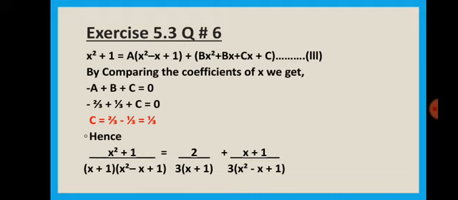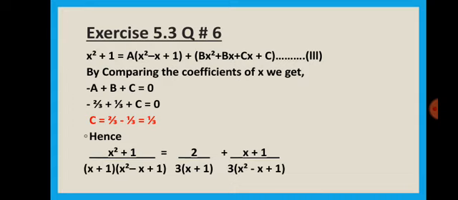The negative term becomes positive and the positive term becomes negative on the right hand side of this equation. So when we solve 2 over 3 minus 1 over 3, we will get 3 in the denominator, and in numerator 2 minus 1, which is equal to 1. So the value of c is 1 over 3.